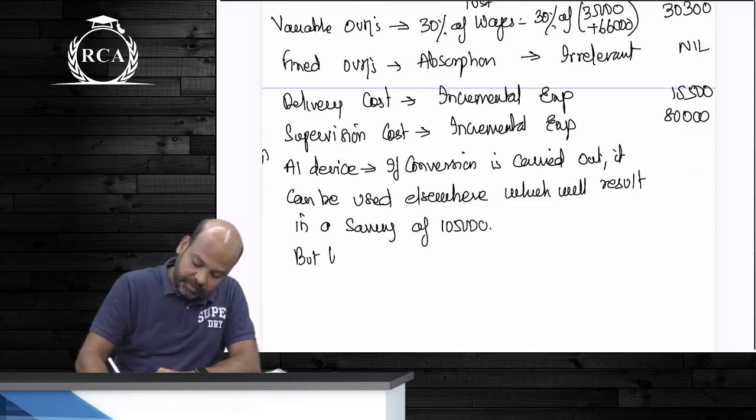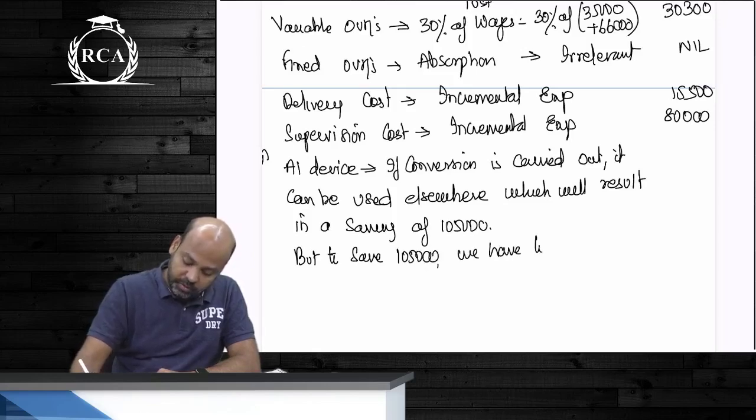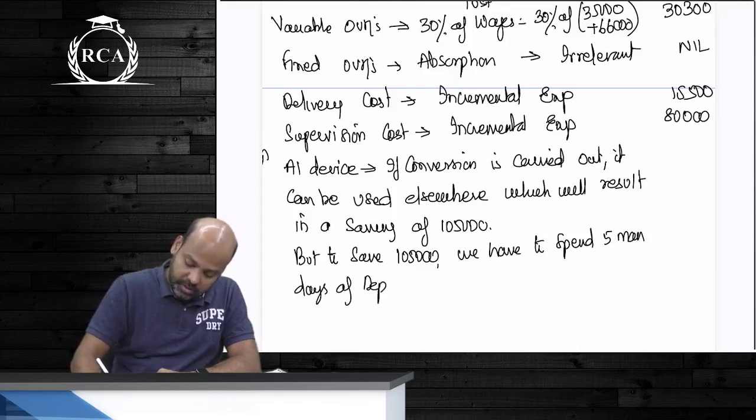But to save 1,05,000, we have to spend how much? 5 man days of department X. Wages will be 5 into 1,000, 5,000.